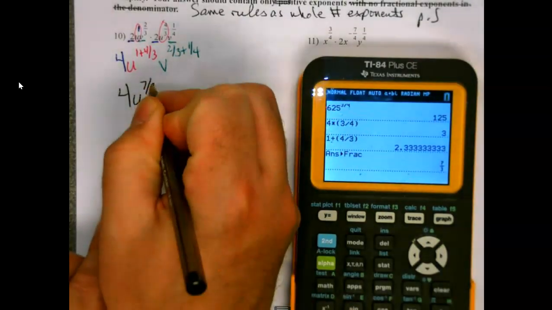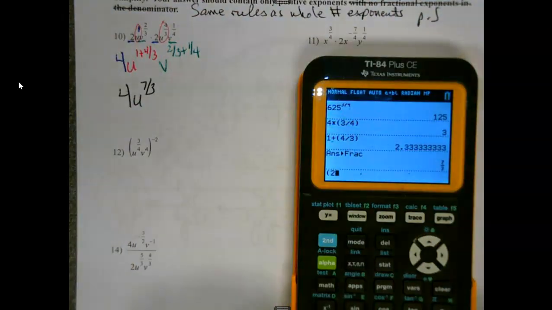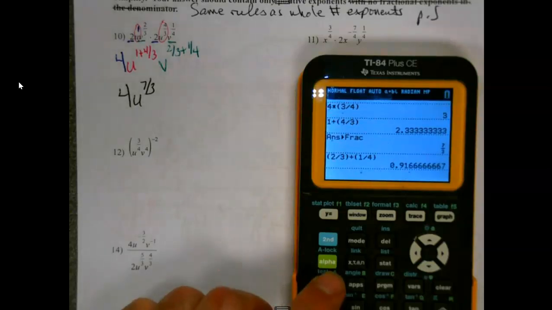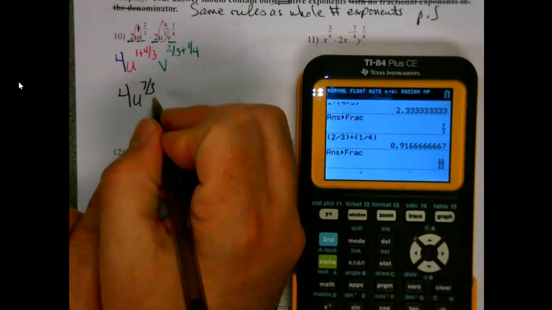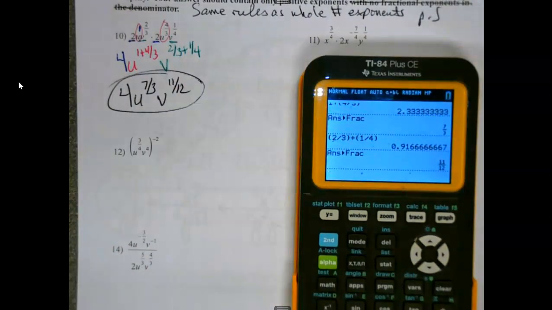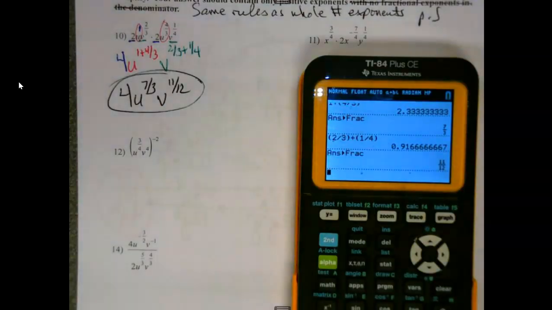Your answers are going to look weird. And it's going to make you doubt things. Don't doubt it. Don't doubt the process. Math, enter. Looks like that possibly couldn't be the answer. Oh, it is, though. It is. You just have to know the rule. Let the calculator do the work.